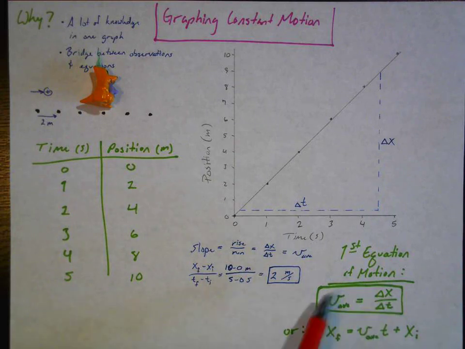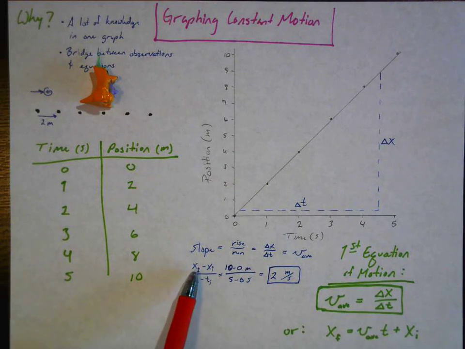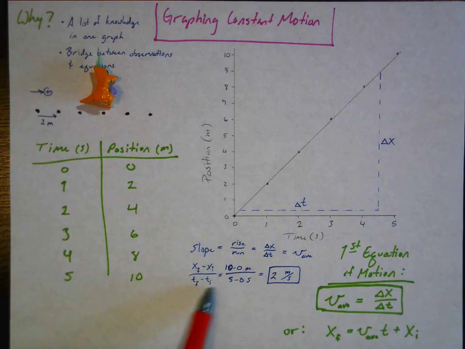Now, there's another way to express this, and you'll see this also. This can be rearranged because remember we can expand the delta x into final minus initial positions. The delta t, we typically don't expand like this because almost always we're going to start our observation and start timing something with time of 0.